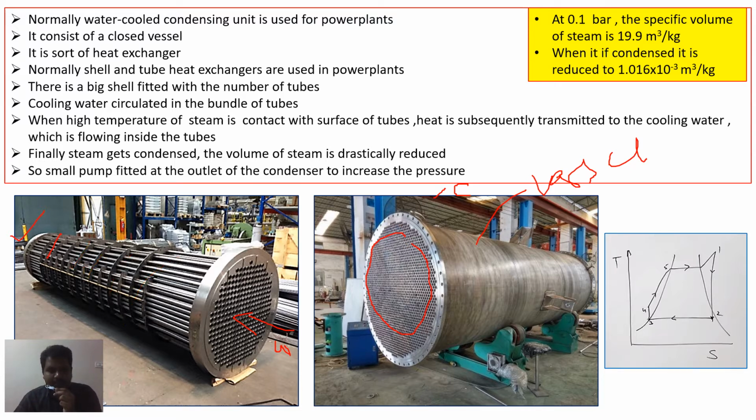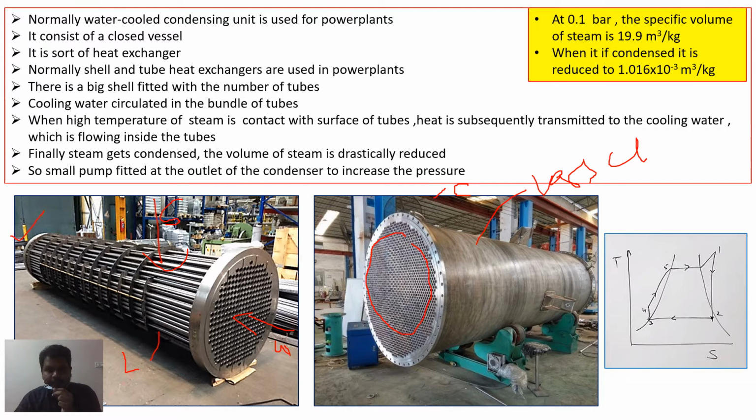Once the steam flows over the tubes, due to the temperature difference, the steam will be converted into liquid. Here the advantage is, generally for steam, the specific volume is very high.